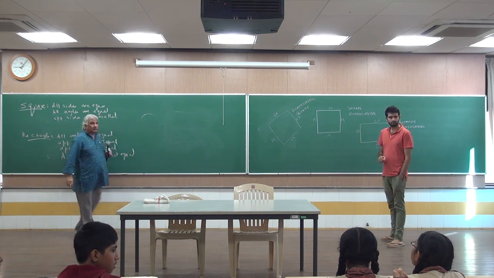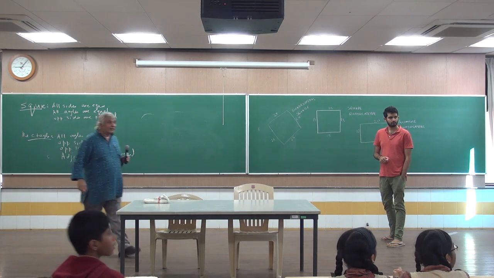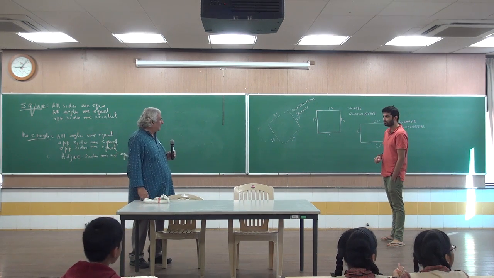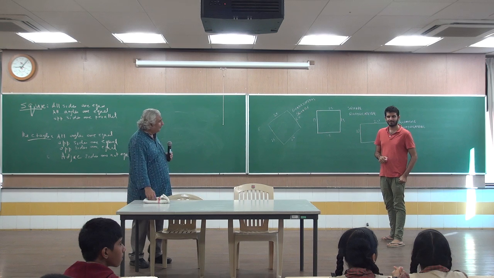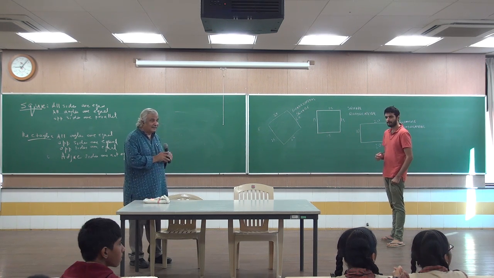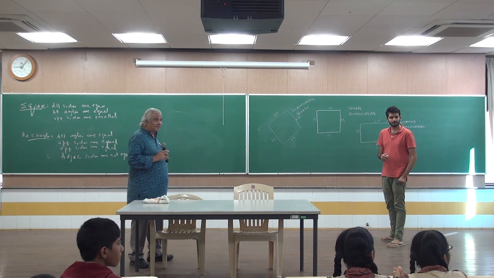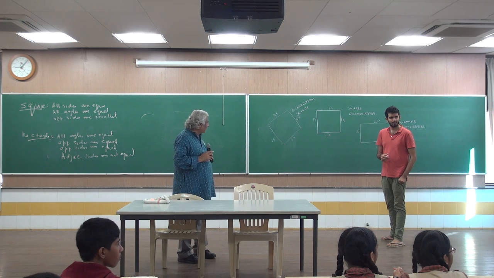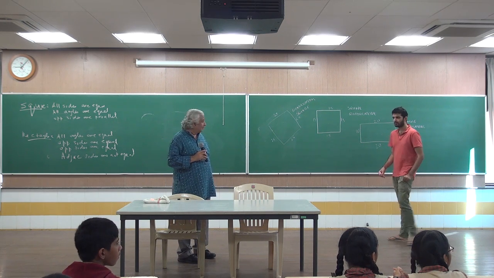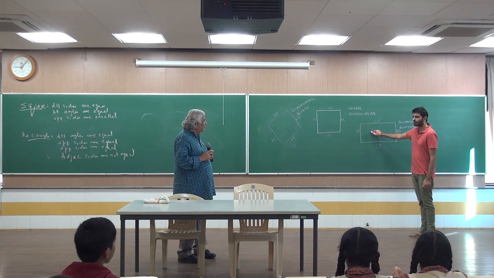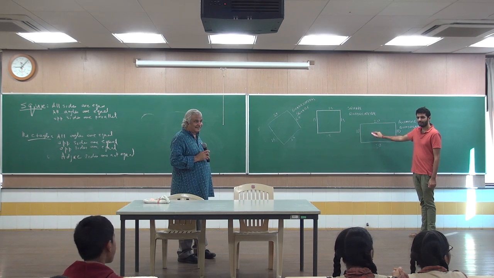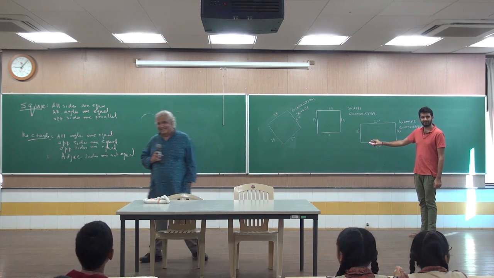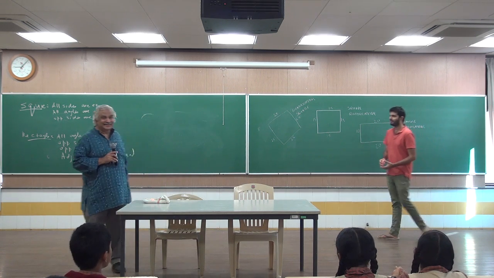Not necessarily, because a square is a rectangle. So in a square, adjacent sides are equal. The only properties are opposite sides are equal and the angles are equal, which is also there in a square. So a square is also a rectangle. But you said this is not a square. No, but rectangles are not squares, but squares are rectangles.